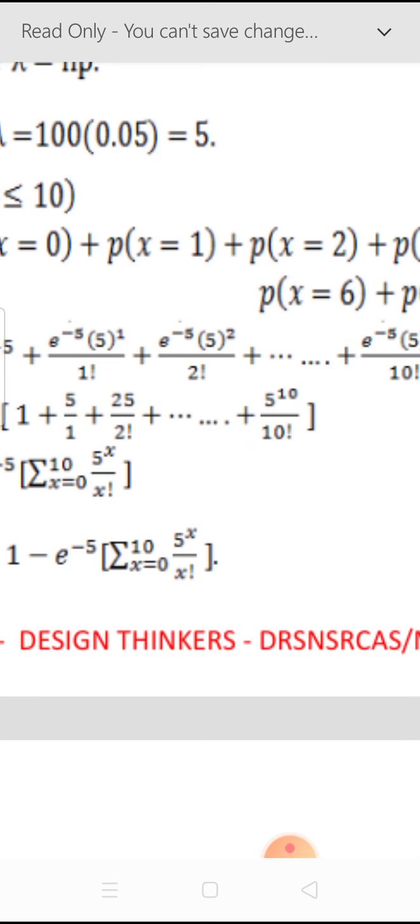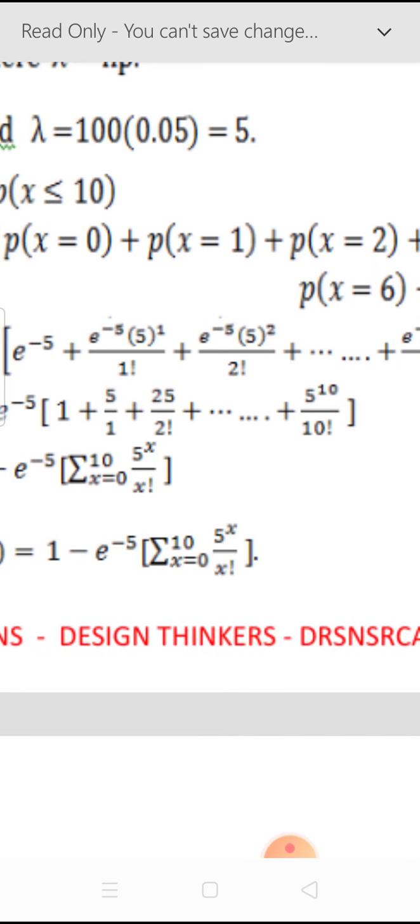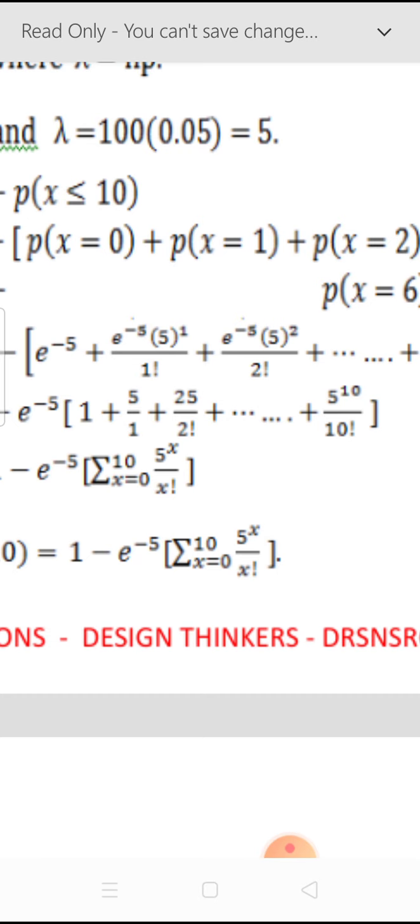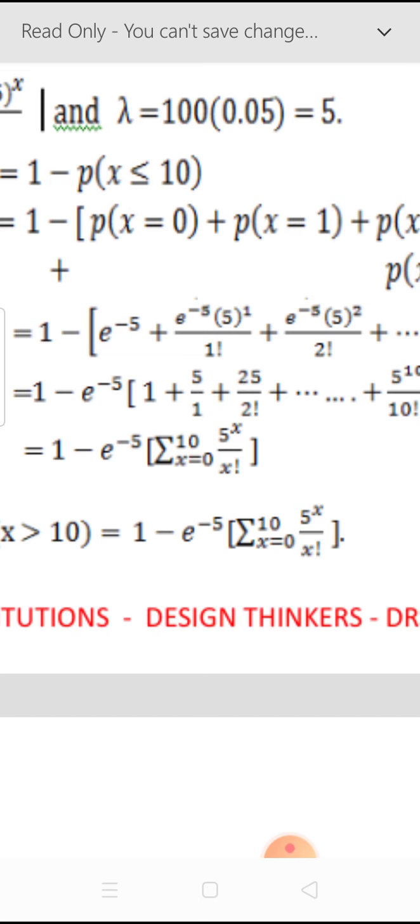Now from all the terms e power minus 5 is common, you take it outside, you will get 1 plus 5 by 1 factorial, 5 square by 2 factorial, 5 square is 25 by 2, and so on up to 5 power 10 by 10 factorial. So this is the expansion of summation x equal to 0 to 10, 5 power x by x factorial. This is the Poisson distribution.